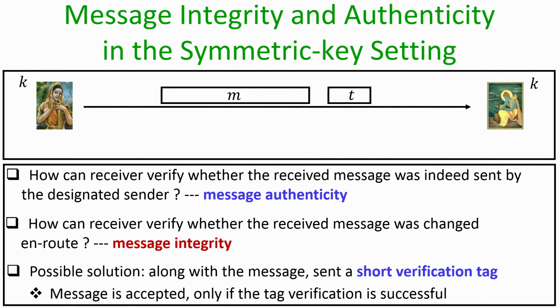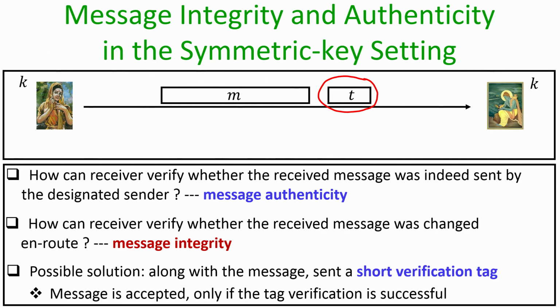A potential cryptographic solution to solve the issue of authenticity and integrity is as follows. Along with the bit string which the sender would like to communicate to the receiver, the sender can attach a short tag which is independent of the size of the message and which is computed as a function of the key and the message.